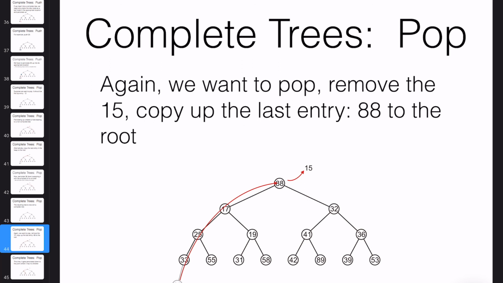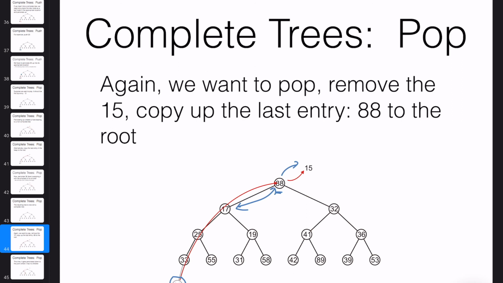So this here shows another step of the pop. For example, you apply pop again, so 15 will be removed from the root. Then you remove the last leaf node, which is this one. You copy the value as the root, then you start to percolate it down. You compare the left and right children, and you swap it with the smaller one.